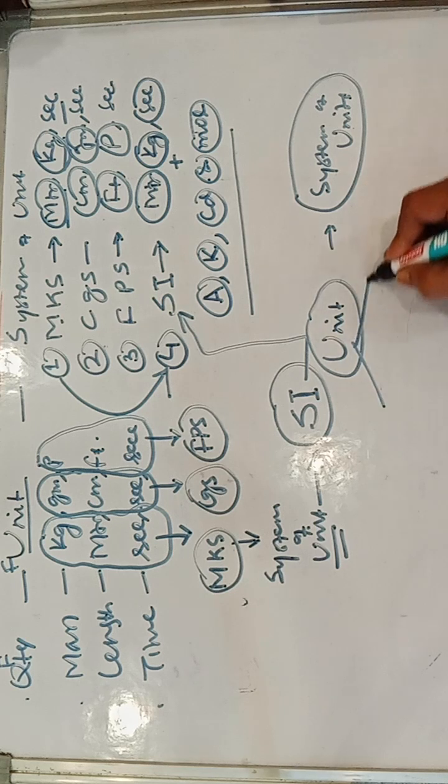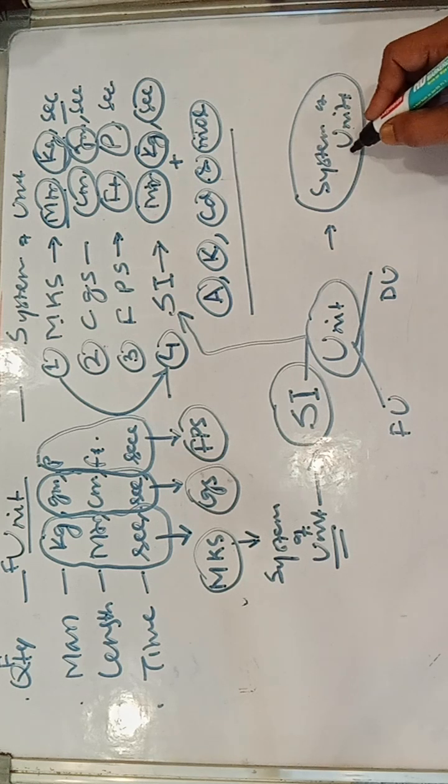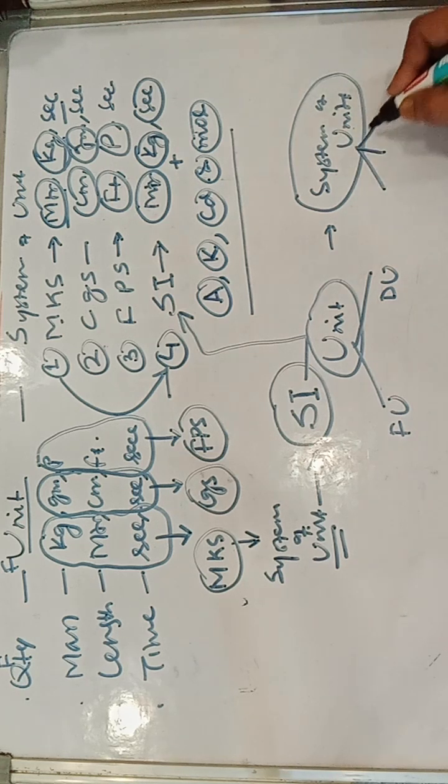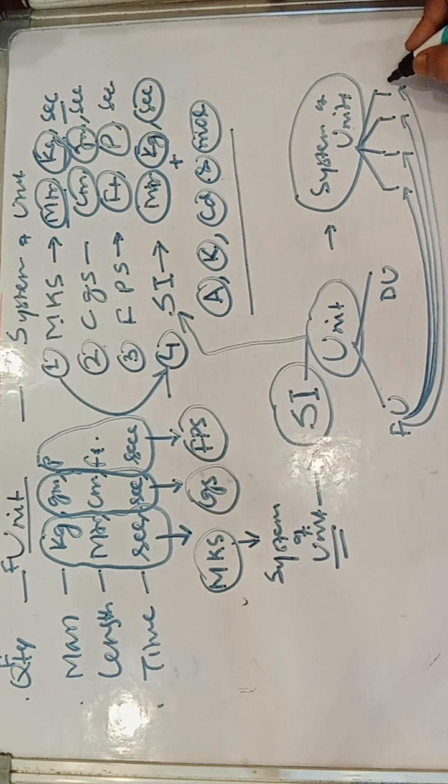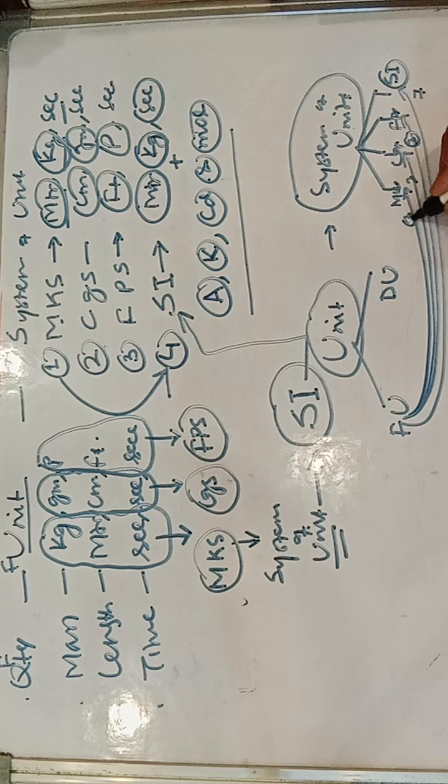Under unit, we had what is fundamental unit and what is derived units. And system of units, we have different types. In each system of units, a group of fundamental units is associated. In MKS, 3, CGS, 3, FPS, 3 fundamental units are associated, while in the SI system, 7 fundamental units are associated.